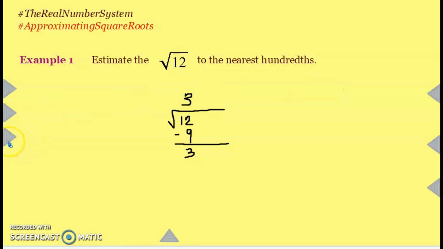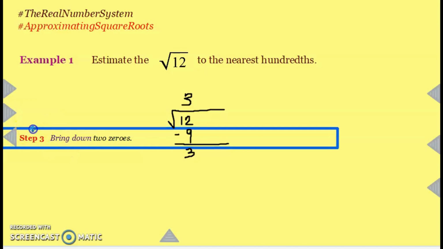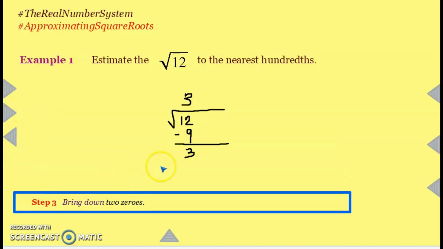And then let's see what's stated in step 3. Okay, in step 3, it says here, you bring down 2 zeros. So we bring down 2 zeros. So beside 3, we write 2 zeros. And of course, beside 12, the decimal point there. And here, it's just a decimal point. So that's just step 3.